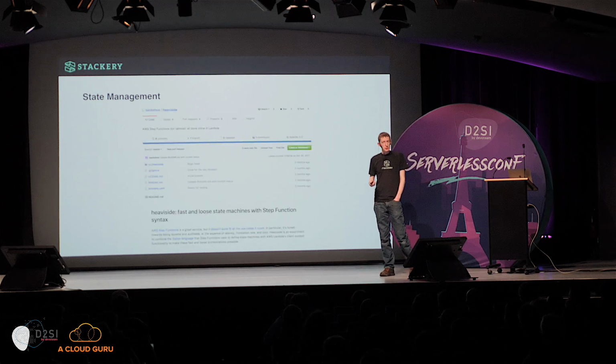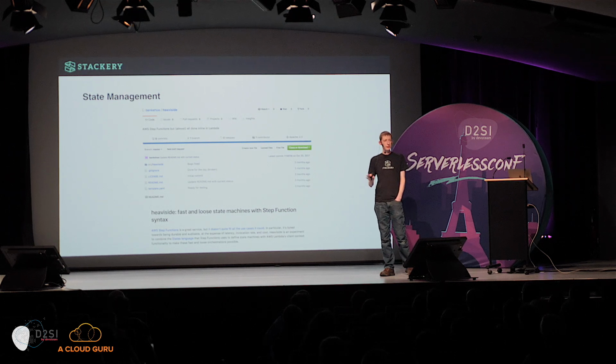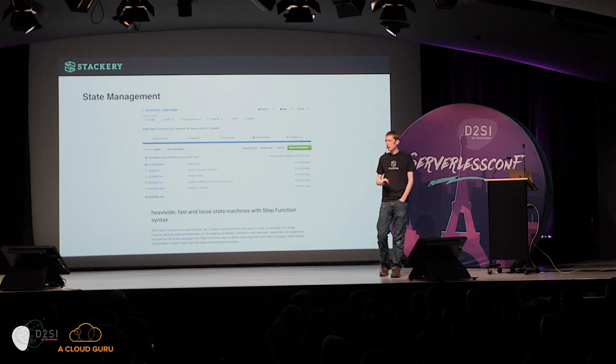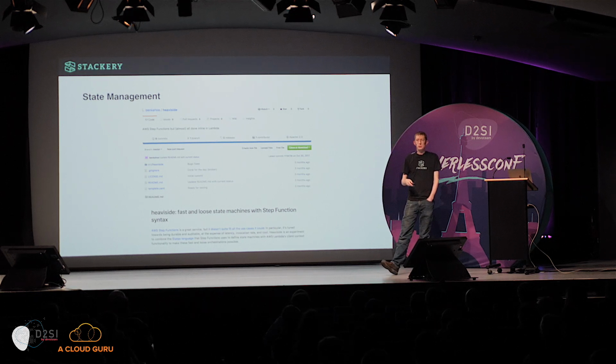There's another approach, Ben Kehoe. How many people, by the way, know Ben Kehoe? He is like a giant in the community and also tweets prolifically about serverless. He has this amazing project that he started called Heaviside. Heaviside is his attempt to build compatibility with AWS Step Functions by providing the information about the state machine as part of the context that is invoked with a Lambda function.